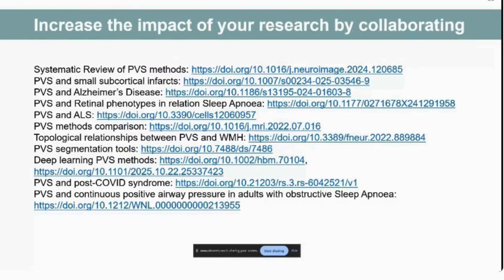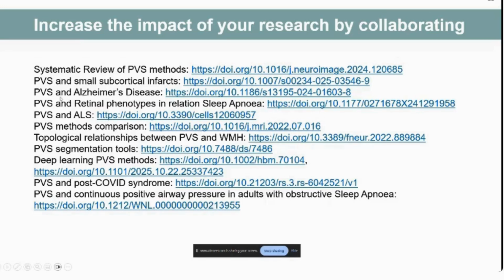And thanks to sharing these tools, I can tell you that it's a great thing to progress science. We'll be able to perform a new systematic review on perivascular space methods. We've been able to compare them to small subcortical infarcts, see the role in Alzheimer's disease with retinal phenotypes, in sleep apnea, ALS, and produce some comparison with different PVS segmentation methods such as RORPO, Jerman filter, Frangi filter, and a topological relationship between the PVS and white matter hyperintensities.